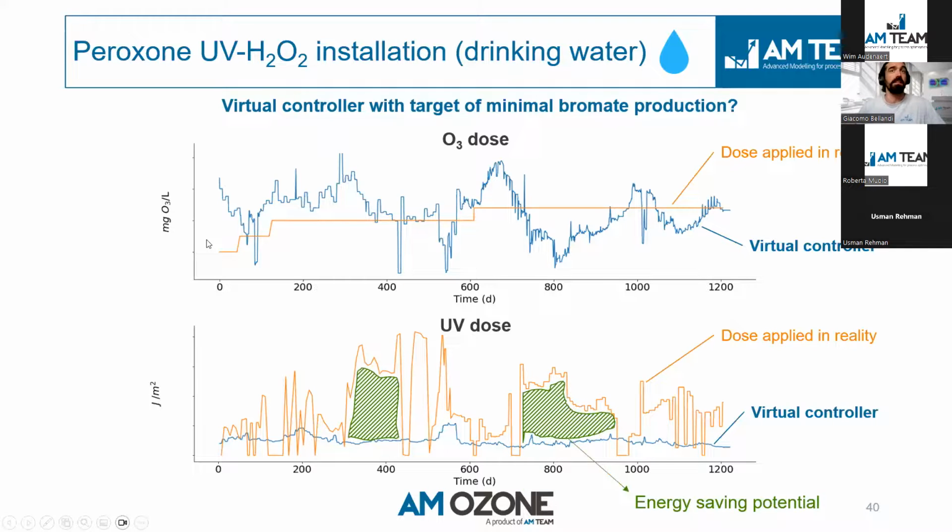So balancing the UV power, saving power because it's more expensive than generating ozone, and limiting the bromate formation. So maximizing the micropollutants removal and at the same time having good quality effluent water with minimal operational costs.